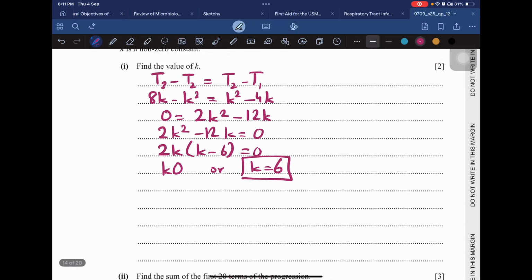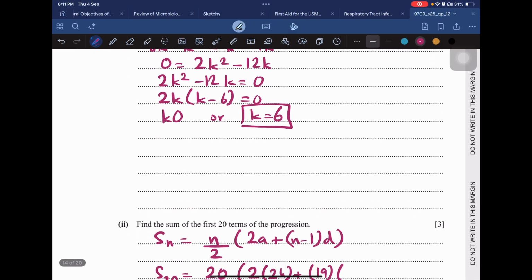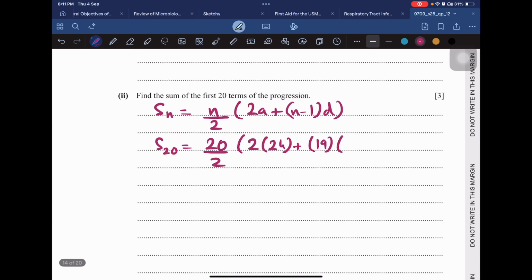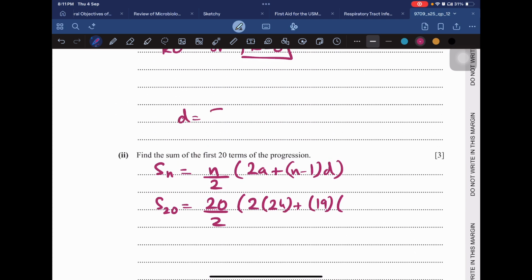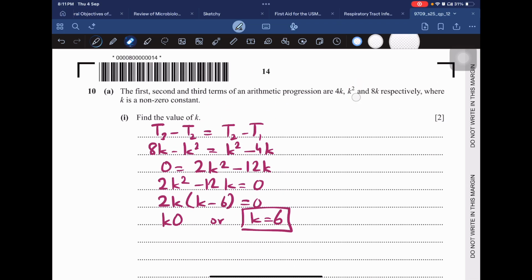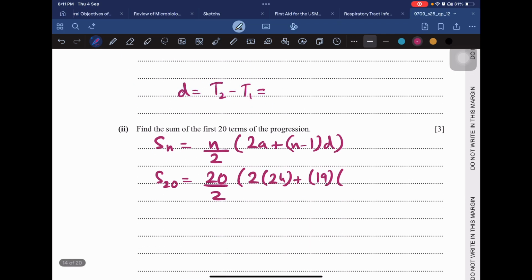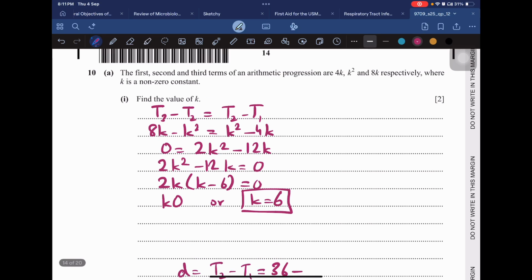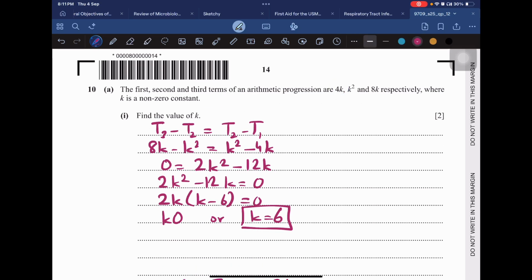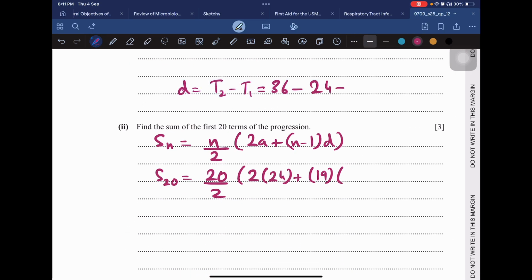So d is the common difference. The common difference is t2 minus t1. So I can just do it over here. d equals t2 minus t1. t2 will be k squared, which is 6 squared, so 36. And then t1 is 4k, which is 4 times 6, so 24. This becomes 12.